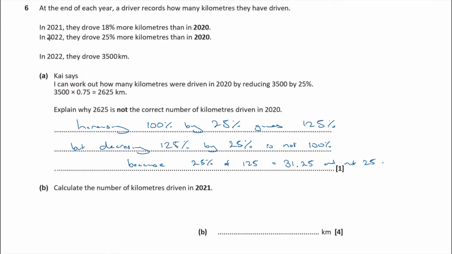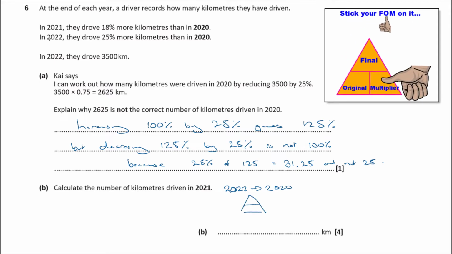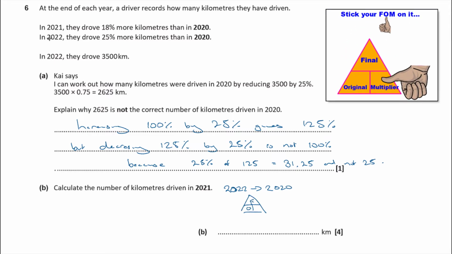So then part B says calculate the number of kilometers driven in 2021. I am going to have to go back to 2020 using the data from the 2022 figure. So I'm going to find 2020 first by going back from 2022, and then go forward from 2020 to 2021. So, 2022 to 2020, final original multiplier, using my triangle, FOM.